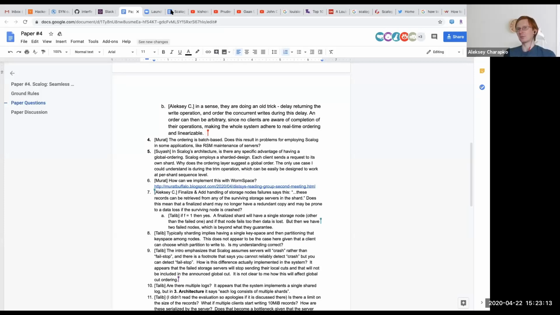And they do admit that because the write has to wait on this asynchronous global ordering to come back to the shards, their writes are a little bit slower than they would be in systems like Kafka. They want to improve that, so yeah, there is a little bit of a penalty that they admit.